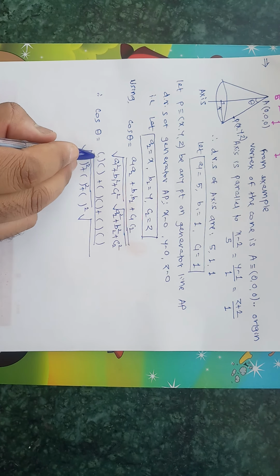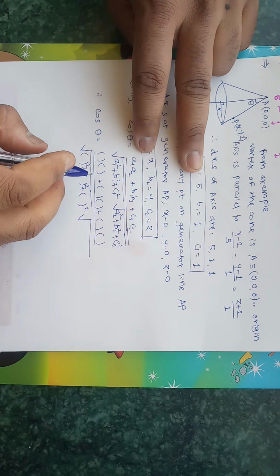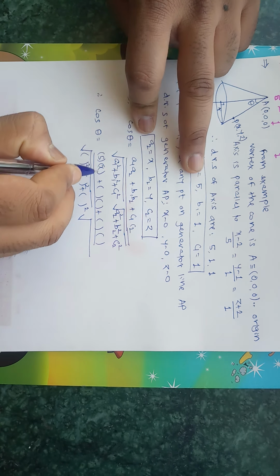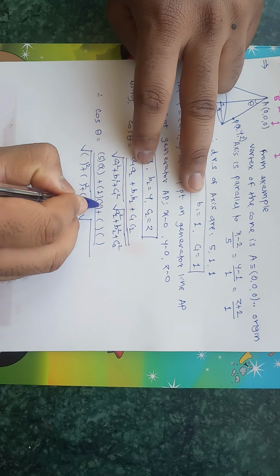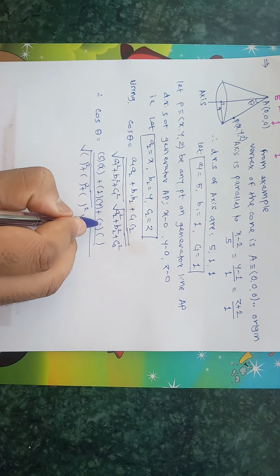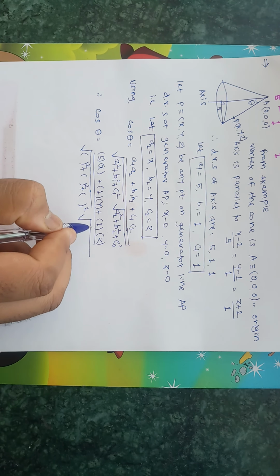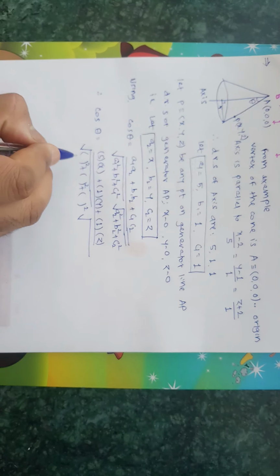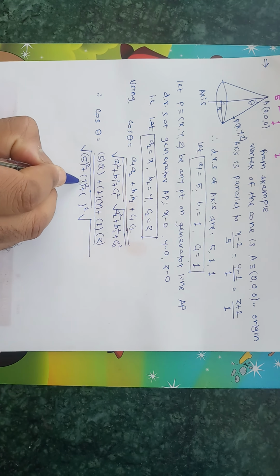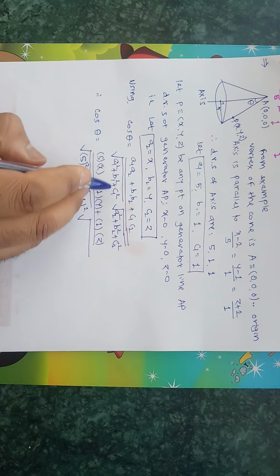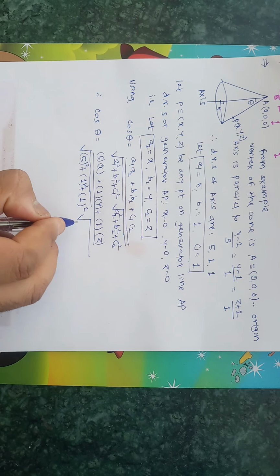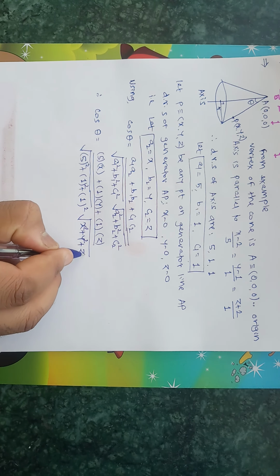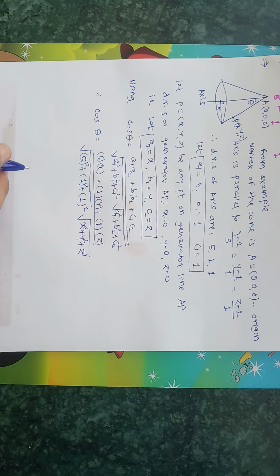Check here: a1 into a2 means 5 into x, b1 into b2 means 1 into y, c1 into c2 means 1 into z. a1 square plus b1 square plus c1 square means 5 square plus 1 square plus 1 square, and a2 square plus b2 square plus c2 square means x square plus y square plus z square.